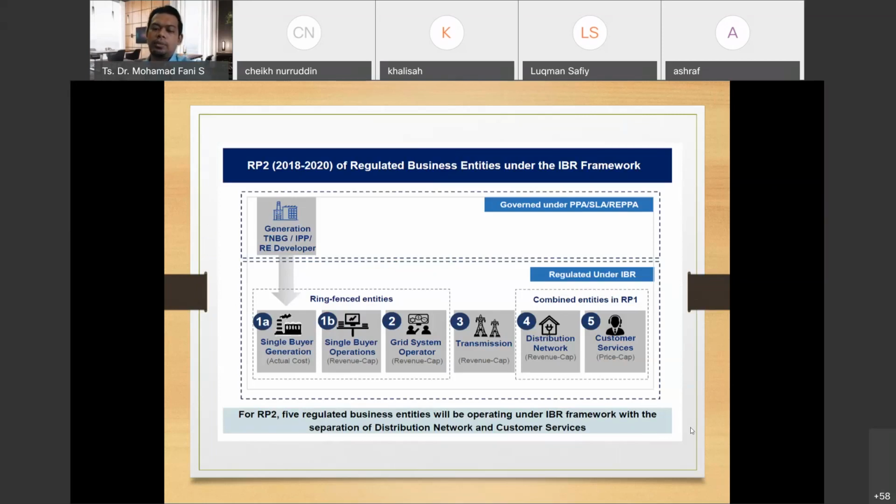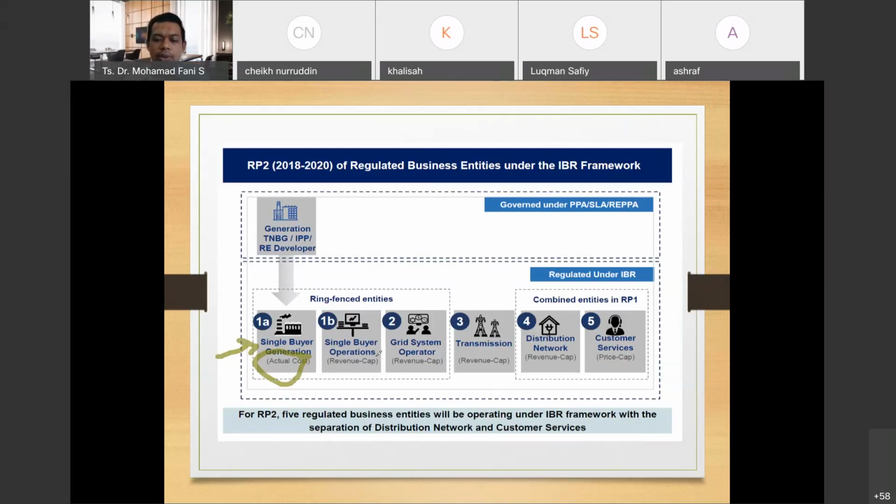Okay, something like this. So the calculation of the revenue for the TNB is based on the actual cost for the single buyer generation. The actual cost is related to the RCPT, where they use the actual price on the generation side.